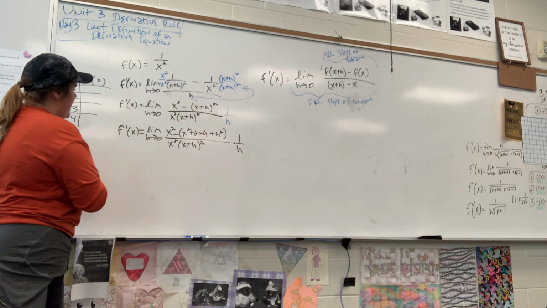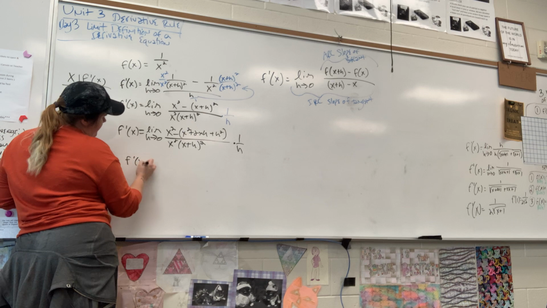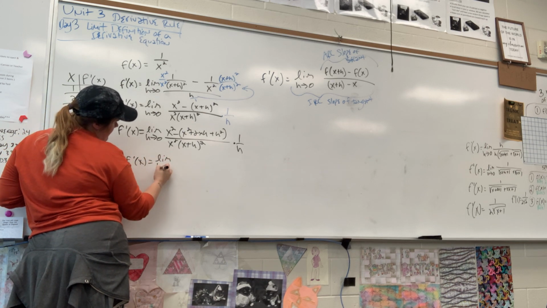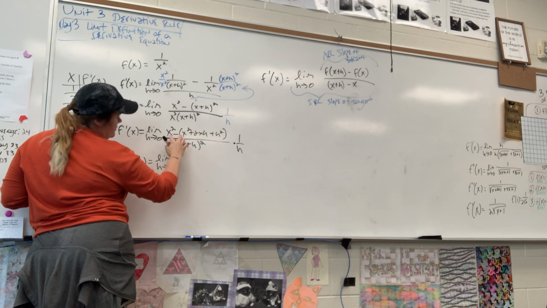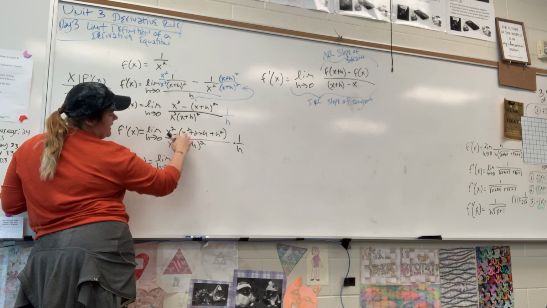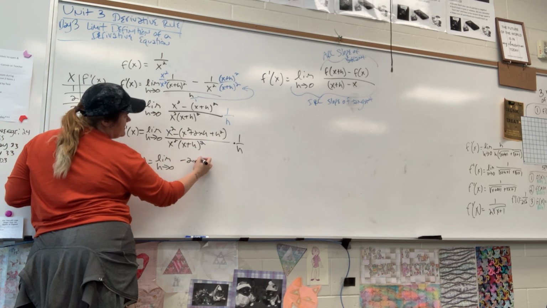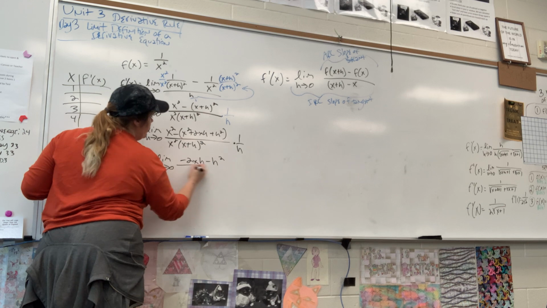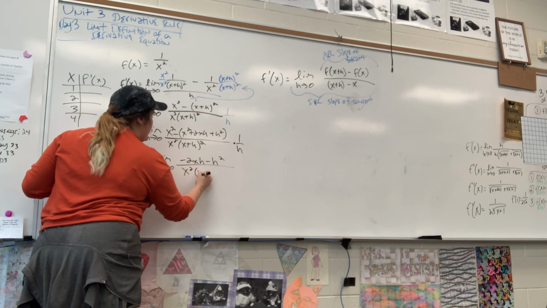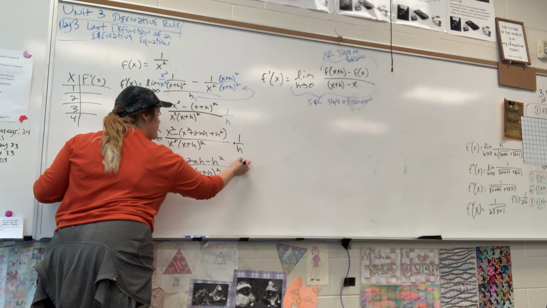Okay. Then I have f prime of x, limit as h goes to 0. So these subtract, right? And then I distribute my negative. So negative 2xh minus h squared, over x plus h squared.